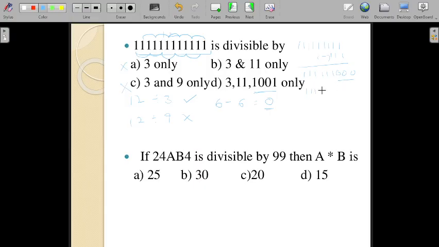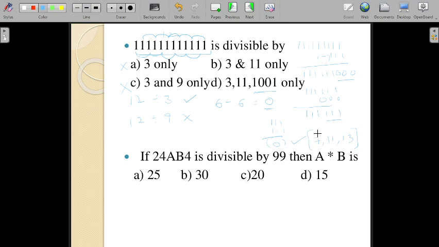So what is the value? 1 1 1 1 1 1. Apply this same thing again, 1 1 1 1 1 1. So what is the value? 0. So it can be divided. Since it is 0, it satisfies the condition of 7, 11 and 13.